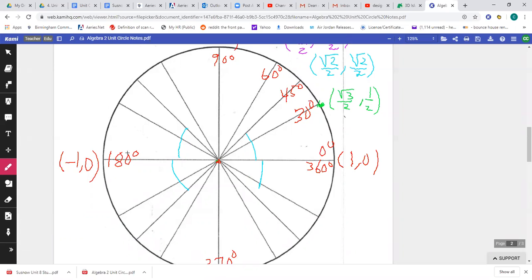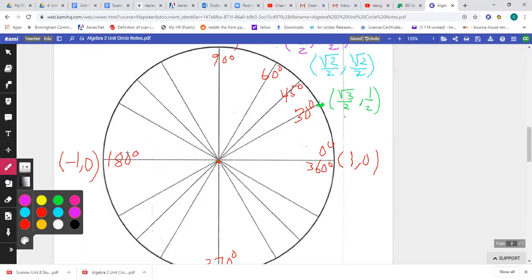And this is a 45-degree angle. And then lastly, you'll see that this is a 60-degree angle. This is 60 degrees. This is 60. And that's 60. They're all 60 degrees, right?